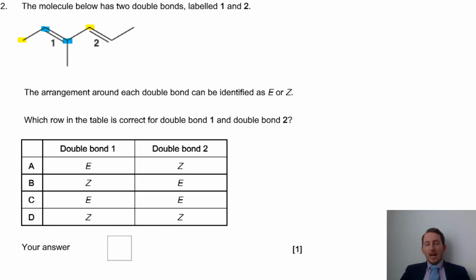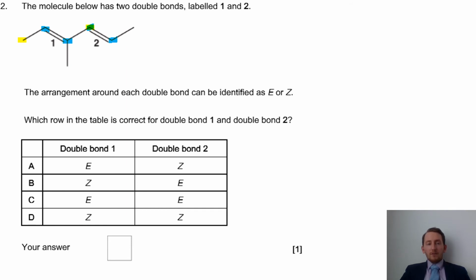Now we look at bond number 2. Again, the same principle applies. We have our two carbons, one carbon there and one carbon there, and we then need to look at assigning priority. Let's go for the left hand side one.